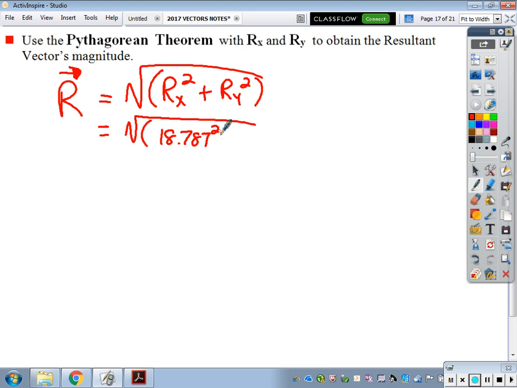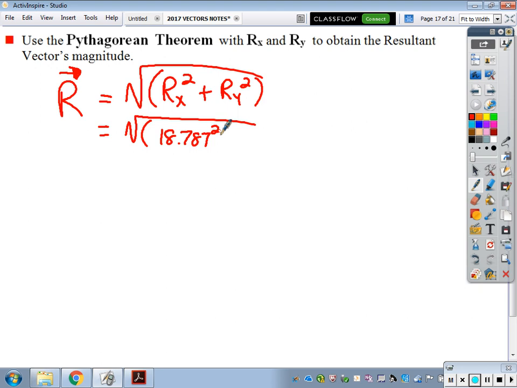Why would we not plug in that negative? Now, depending on the iteration of software that you have, some calculators will calculate that correctly, some will not. And ultimately, we're squaring it, so is the negative going to disappear? It's not going to matter if we square it, it should take care of it.